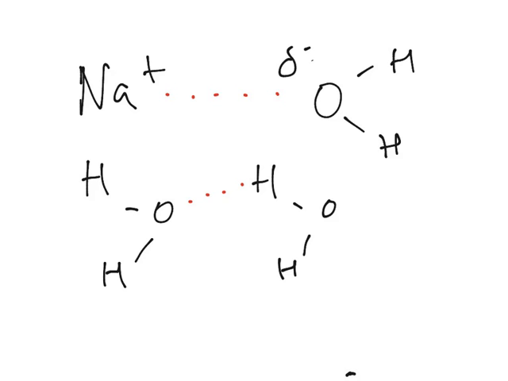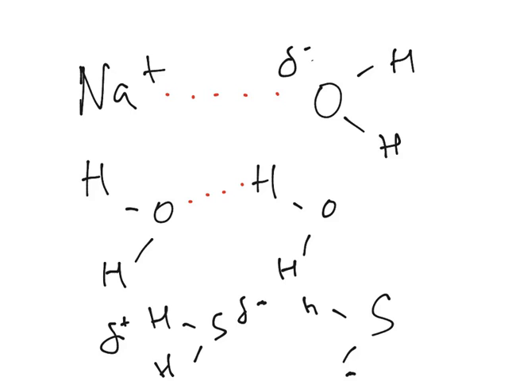And dipole-dipole: we have two different molecules that are both polar and have different poles. This will be delta positive, this will be delta negative. And the same molecule, H, this will be delta positive. There will be an interaction between the poles of opposite charges.